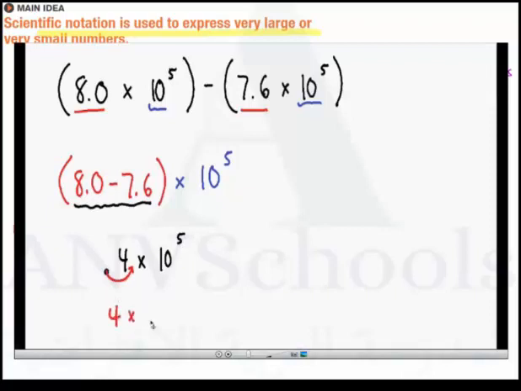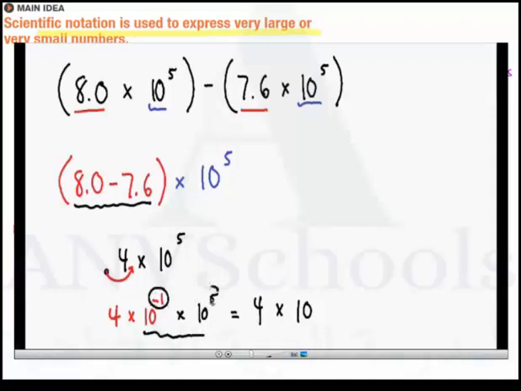So 0.4 becomes 4.0 multiplied by 10, and in this case, we have a negative 1. If we are having 4 here, but we are supposed to multiply it by 10 to the fifth, if you are multiplying this, you basically add the powers.